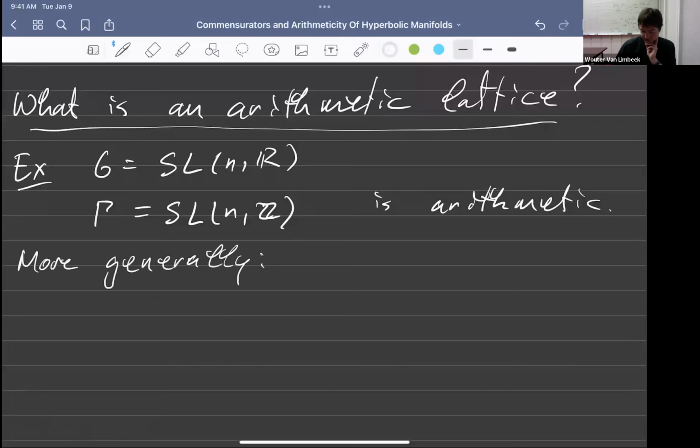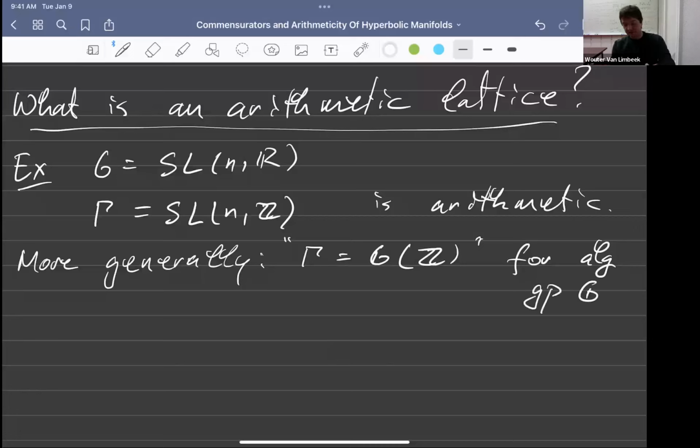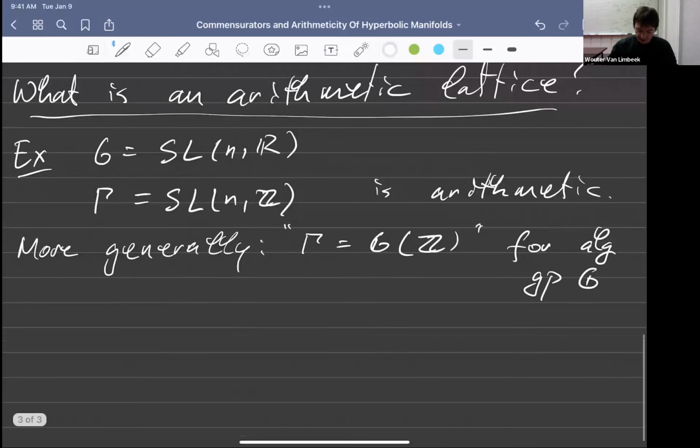So more generally, you can always realize gamma as the integer points of some algebraic group. And even that is a bit of a lie, but if you know why that is a lie, then I think you also know how to fix it.